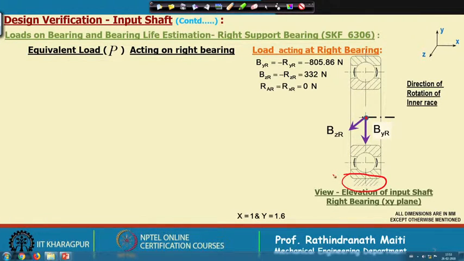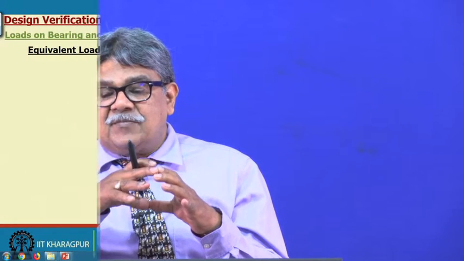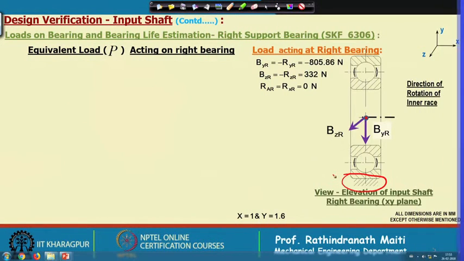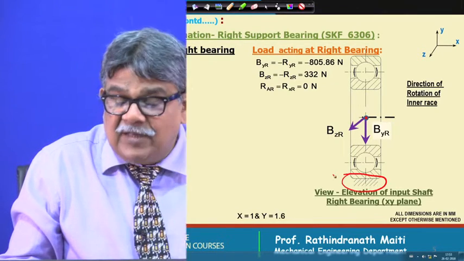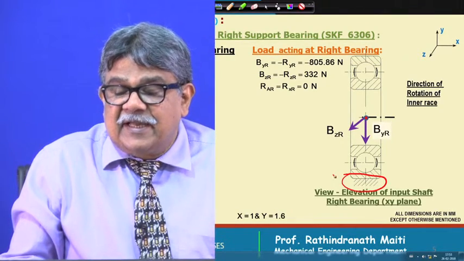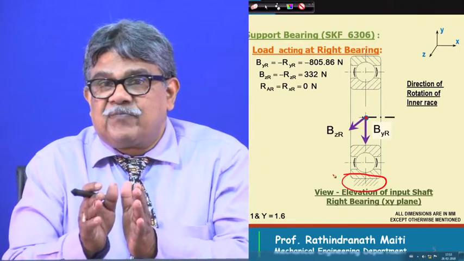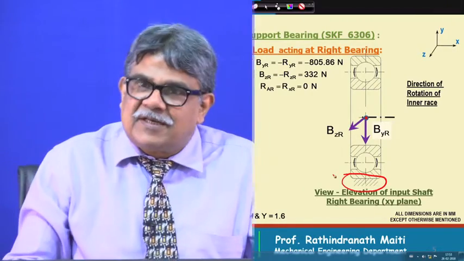This actually means it is with the housing, this outer race is held, it cannot rotate. But if the question comes whether it can move in x or y directions, the answer is that it can move in the x and y directions, as this bearing is not locked with the shaft.